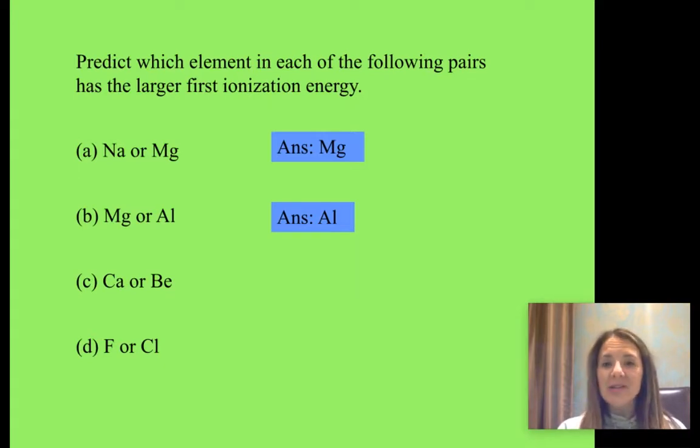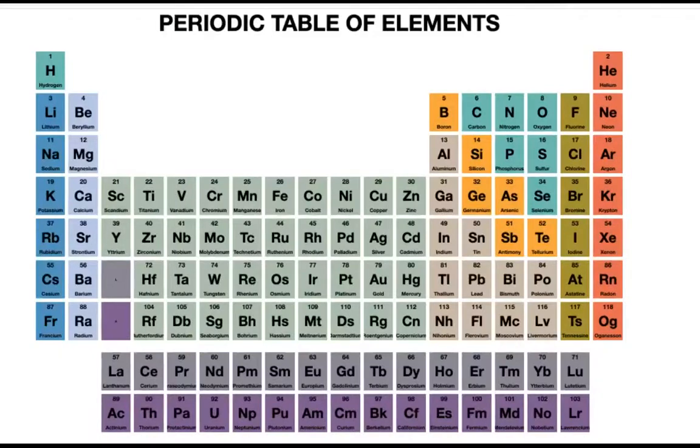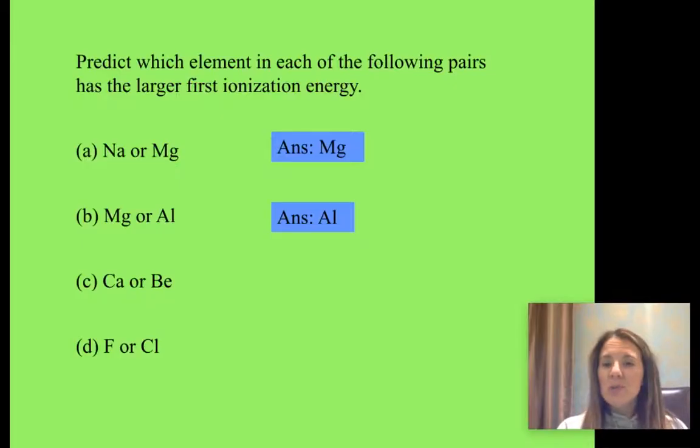And we notice that calcium is farther down. So it is going to have electrons that are farther away from the pull of that nucleus. And so it will be quite easy to remove its electrons. So in this case, beryllium would have the higher first ionization energy.